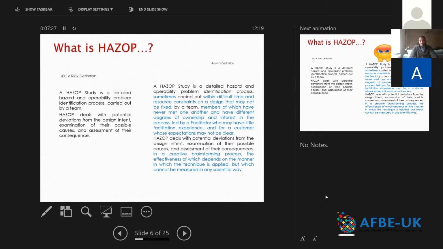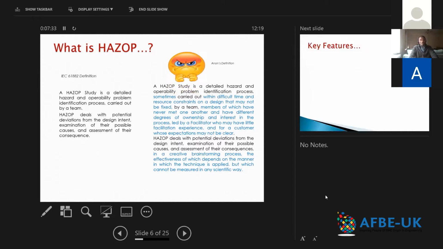The first bit of that second definition, if you read between the lines, actually tells us the challenges that are faced by persons who are either organizing HAZOPs or facilitating or chairing HAZOPs. Difficult time constraints on a design that may not be fixed.